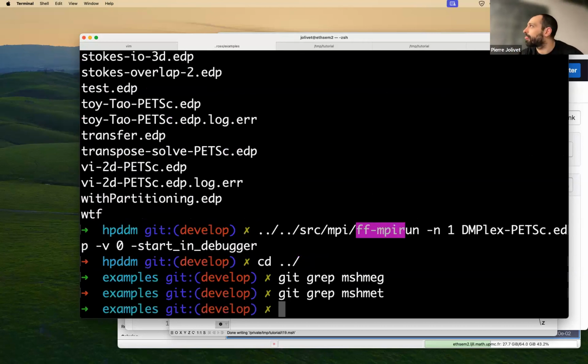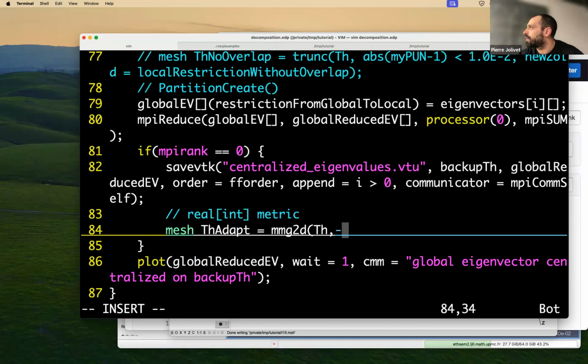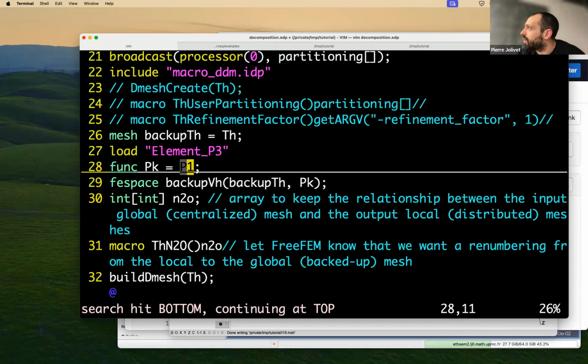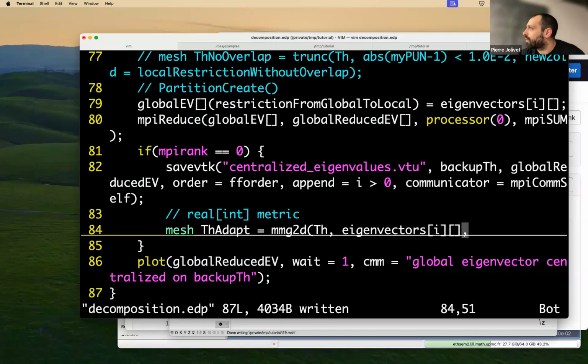So let's do eigen. Here we'll need to supply a P1 function, which is only defined at the node level. Of course, this should probably fail.